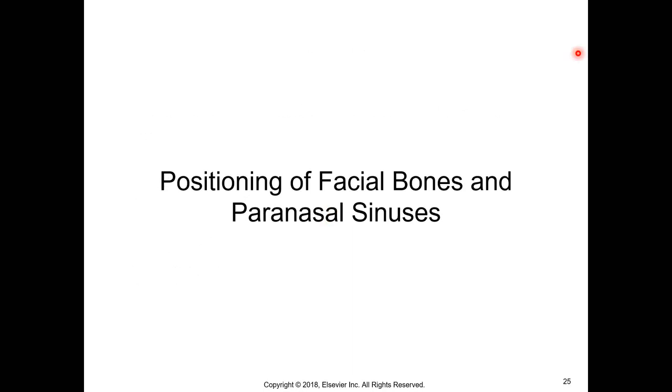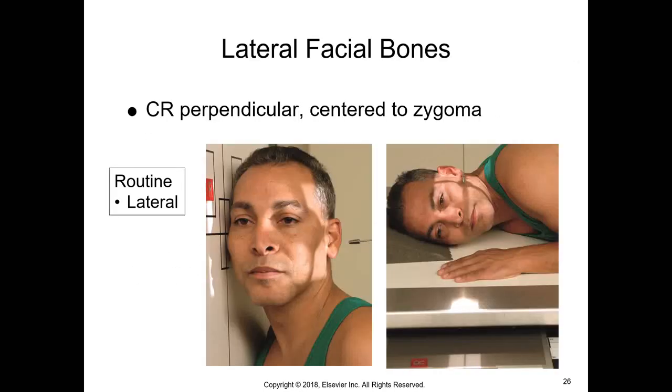And then moving on to some sinuses, or actually, I'm sorry, this is positioning for your facial bones and sinuses. Now, notice the laterals look exactly like a lateral skull. The only difference is your central ray is entering the zygoma. So you're moving the central ray from up here for skull to down here by the facial bones so that you specifically get the facial bones.